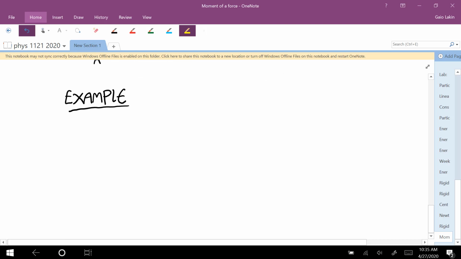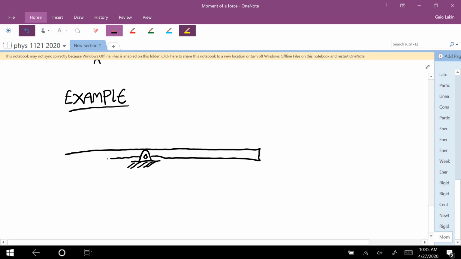Okay, well, let's say we have a body. Think of this as like a seesaw. Let's say this distance is 2 meters. This distance is 3 meters.